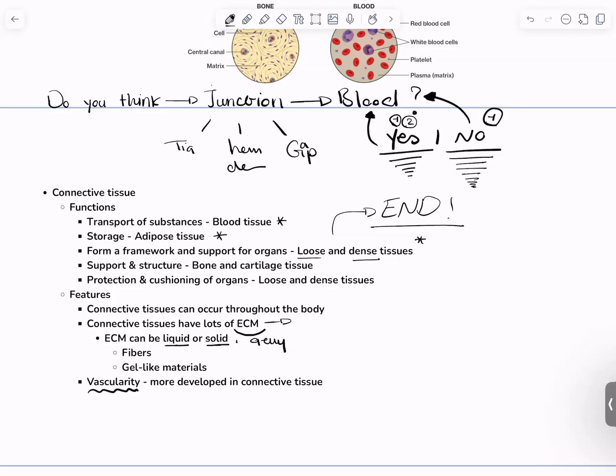I think maybe the extracellular matrix is sufficient to hold the cells together. So it's a yes or no? No. Okay. Any other opinions?